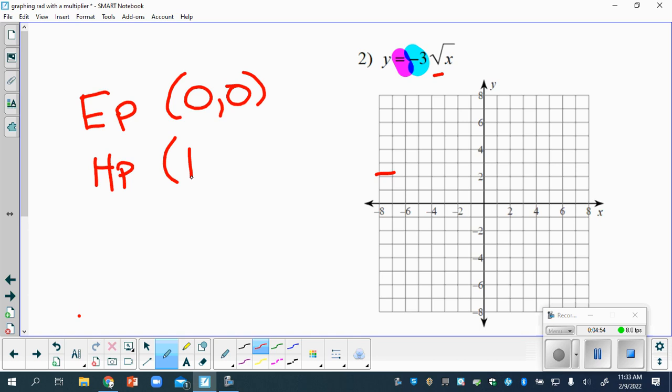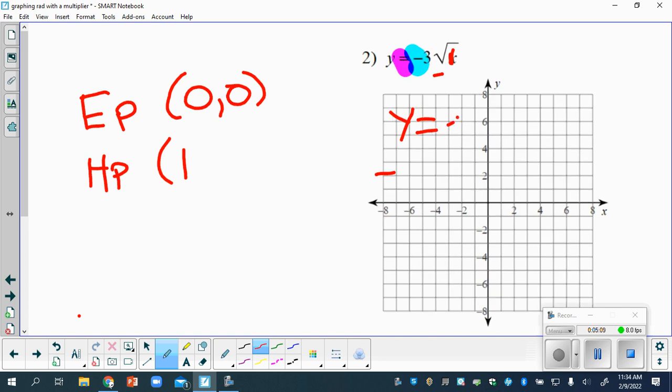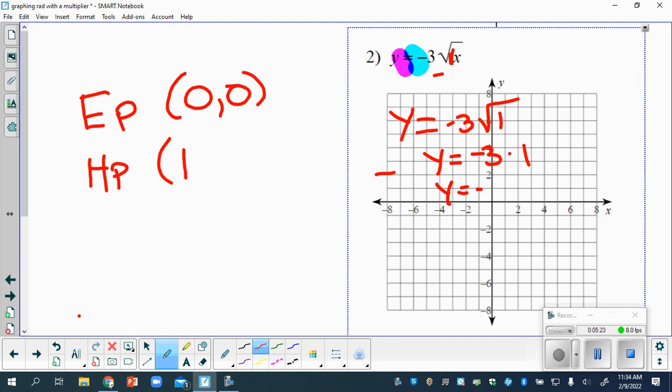And then I'm going to take this 1 and plug in the 1 right here. So here's what I've got. y equals -3 times the square root of 1. y equals -3 times 1. y equals -3.